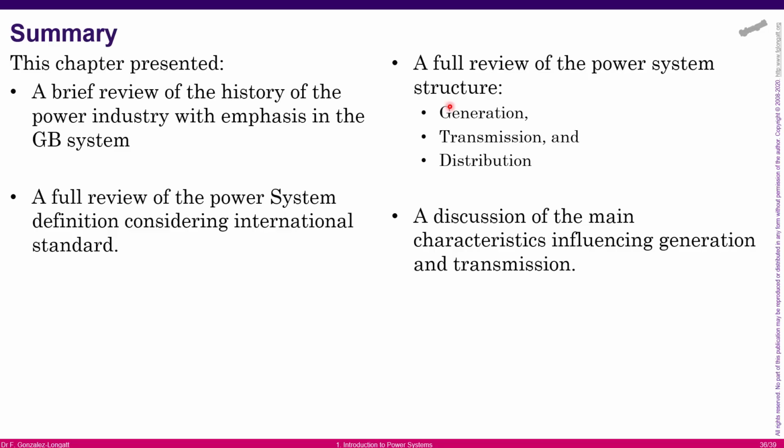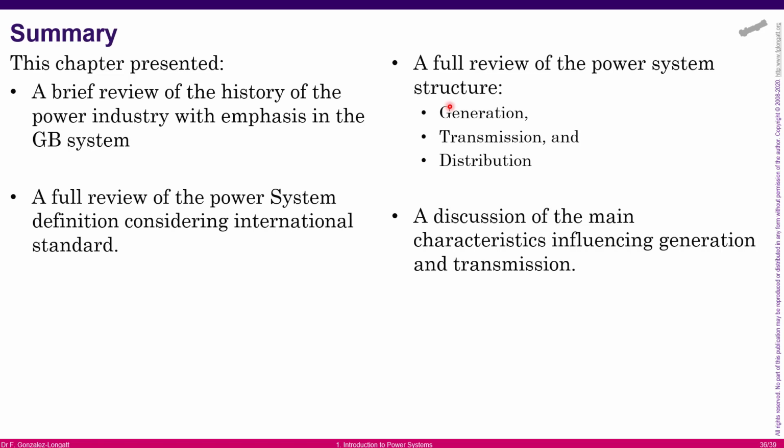I would like to close this presentation with a very short summary. I presented here in a few slides a very short history about the electrical utilities with a special focus on the GB system, the Great Britain system. Then I presented a review about what the definition of an electrical power system is.